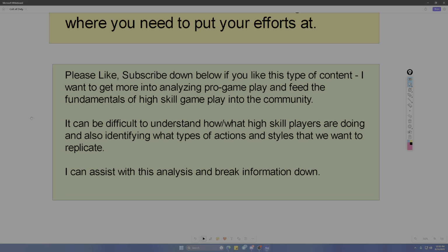I think I can break down a lot of those gameplays and really help relay what they're thinking and what the value add activities are that they're doing and why they're doing it. So kind of get past the settings talk and more into the fundamentals talk of how these guys are executing the fundamentals of the game so effectively.